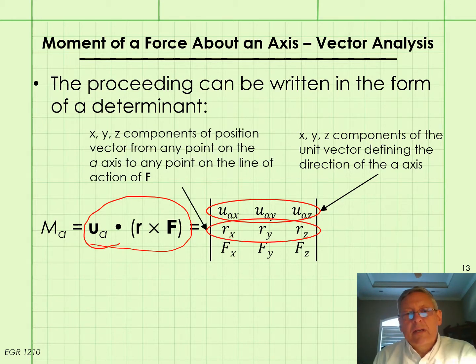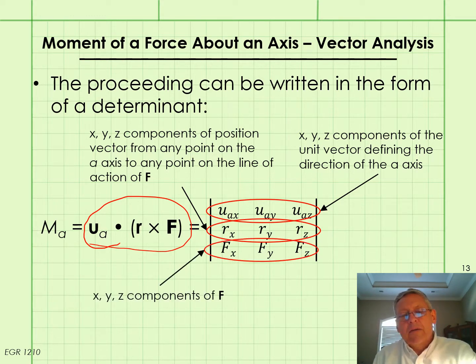The second row of the determinant is going to be the x, y, and z components of the position vector. And remember that the position vector can be from any point on the a-axis, our general axis, to any point on the line of action of F. And the third row being the x, y, and z components of F.